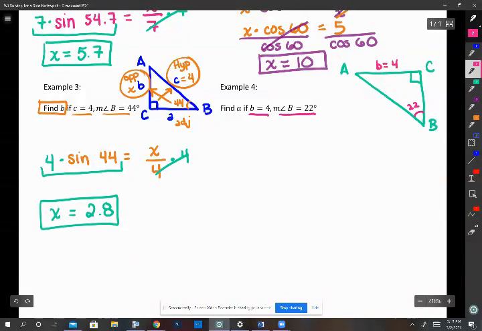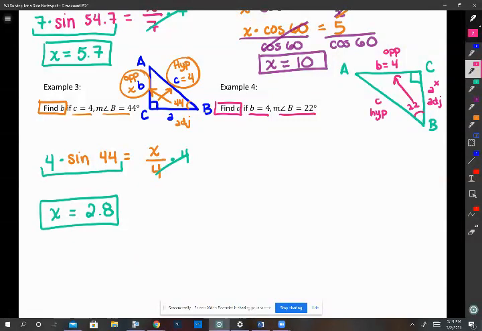And because of that, we know this is our opposite because it's across. And it wants us to find A. And A is going to be across from big A, and this is little c. So we know that this is our hypotenuse, which makes this side our adjacent. And if we're looking for side A, this is also our X piece. We don't know this side.